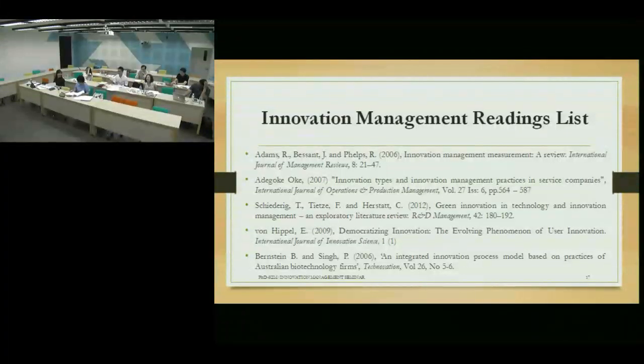For the type of innovation and interfirm cooperation, basically they have two research sections. The first one, innovation performance: the relationship between innovation performance and product network of interfirm cooperation.